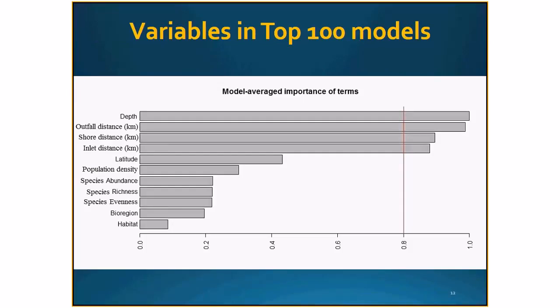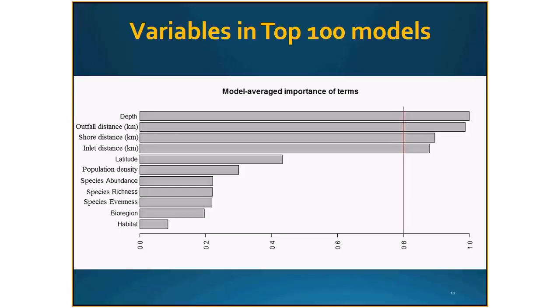When you run a full model in model selection, it runs every possible iteration of the model and weights them based on AICc. What this is showing you is a model average variable importance. The way to interpret this, for instance, depth, is that out of the top 100 models based on model selection, depth showed up in 100 out of 100 models as being important.